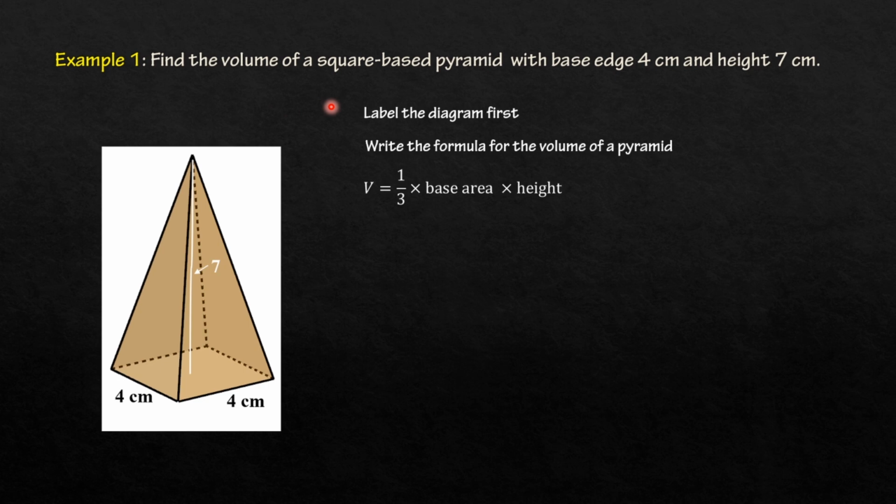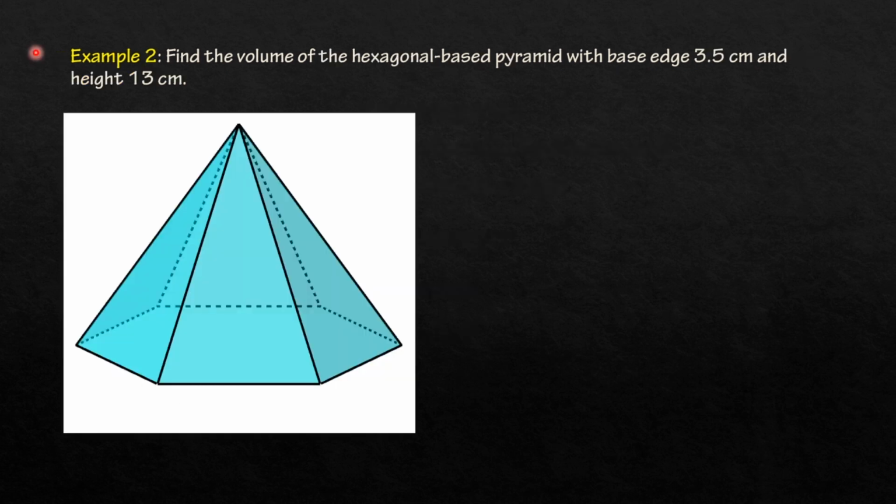V equals 1/3 times base area times height. Therefore, the volume is 1/3 times 4 times 4 times 7. The volume is 1/3 times 16 times 7. And we calculate the volume as 37.33 cubic centimeters.